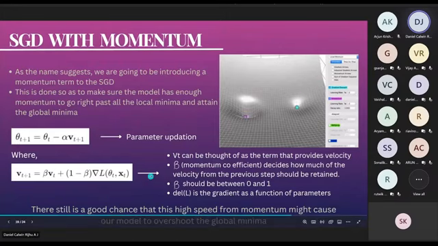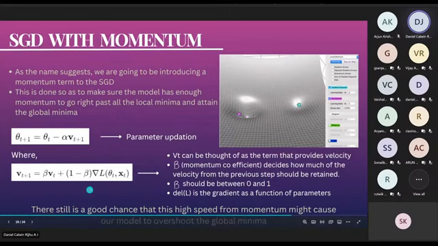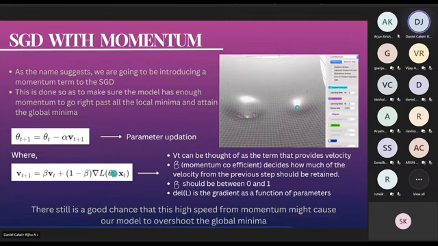It means that the velocity at the t plus 1th epoch is going to be the sum of a part of the velocity that has been retained from the previous epoch, which is the tth epoch, and a part of the gradient which we have captured at the current epoch, which is this term over here. So the momentum or the velocity is going to be retained from its previous epoch to every subsequent epoch. That is the basic idea over here.